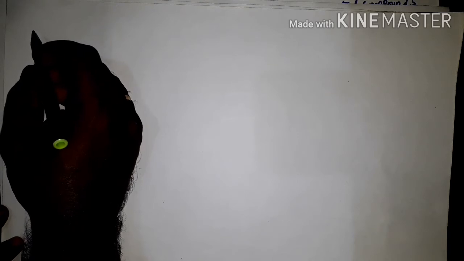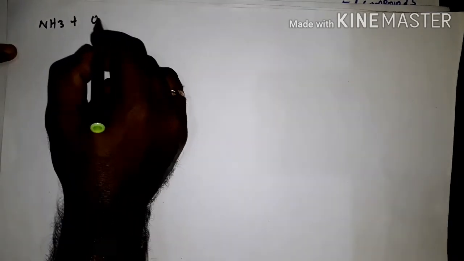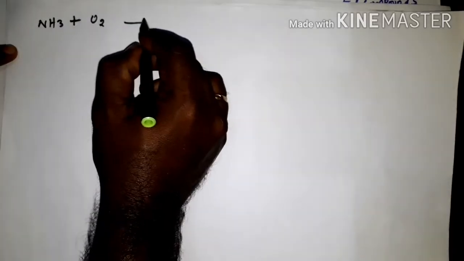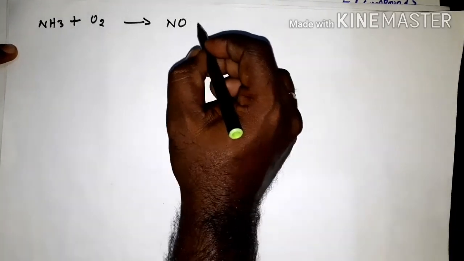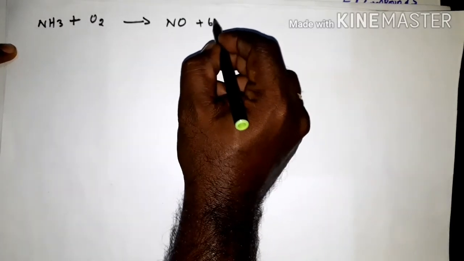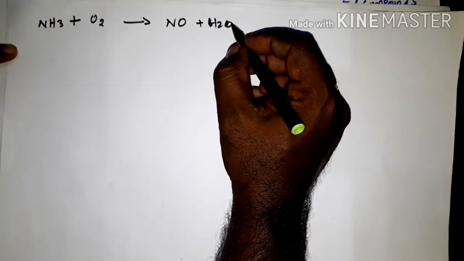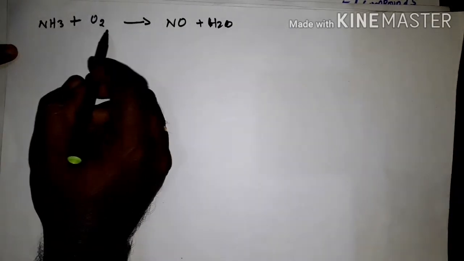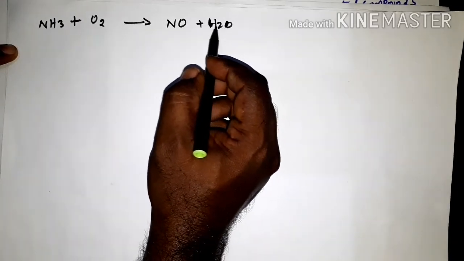So in step 1, what did we do? We mixed ammonia with about 10 times of air. So first ammonia NH3 plus oxygen gives NO, that is nitrogen monoxide, plus water, H2O. Okay, so ammonia plus oxygen gives nitrogen monoxide plus water.